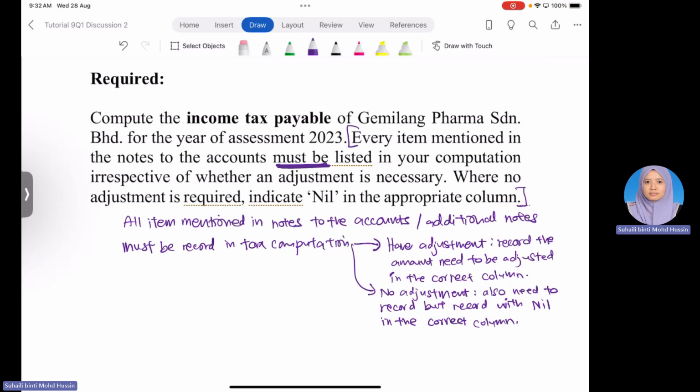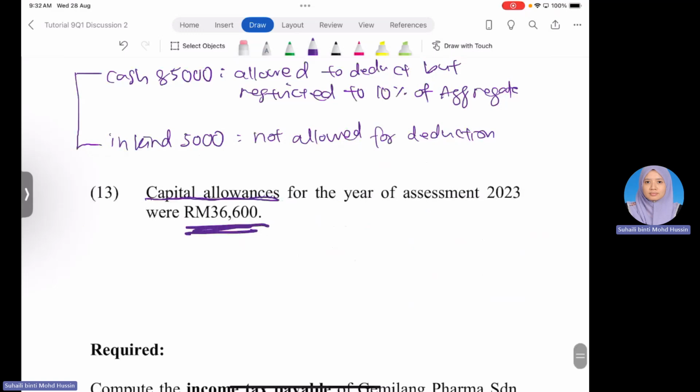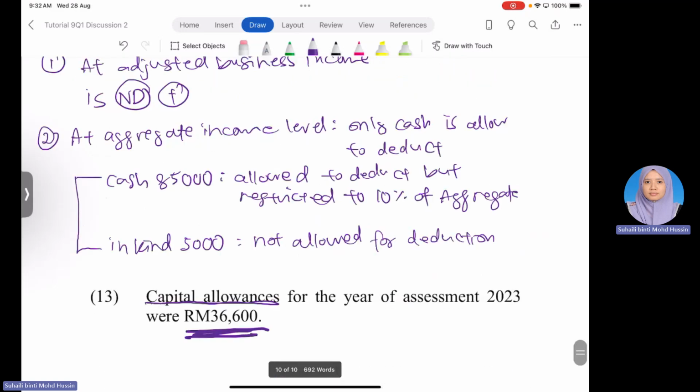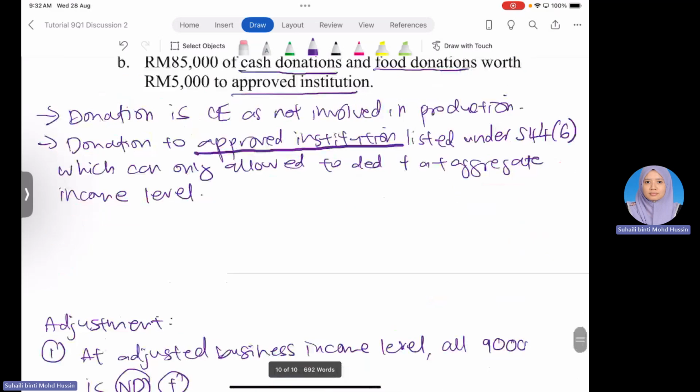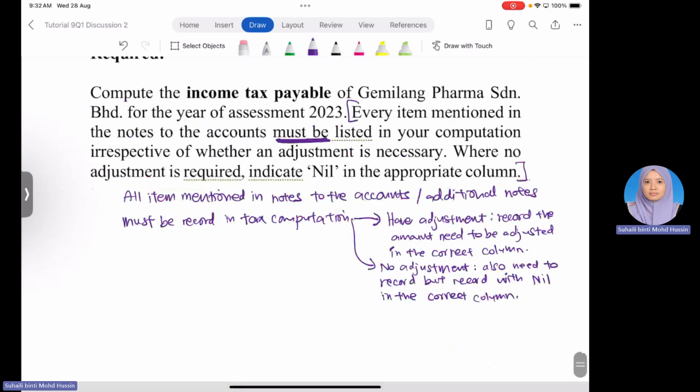So what's the meaning of the sentence? All items mentioned in note number 1 until note number 13, in this question we have note number 1 until note number 13, you have to make a record.